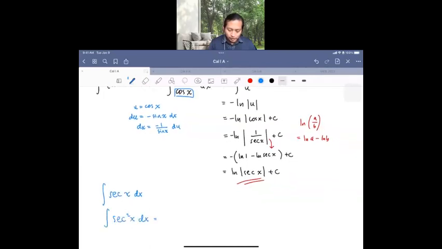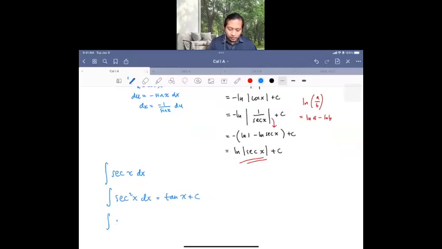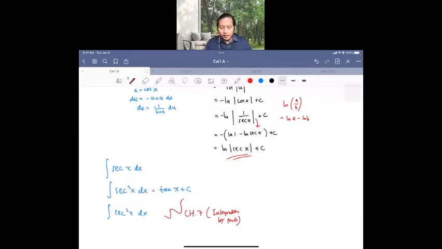This will be tangent, right? Tangent x plus c, and then secant cubed x dx. This we learn later on, when we deal with, I think, chapter 7. It's the integration by parts and some techniques for trigonometric integrals. We'll learn later on.